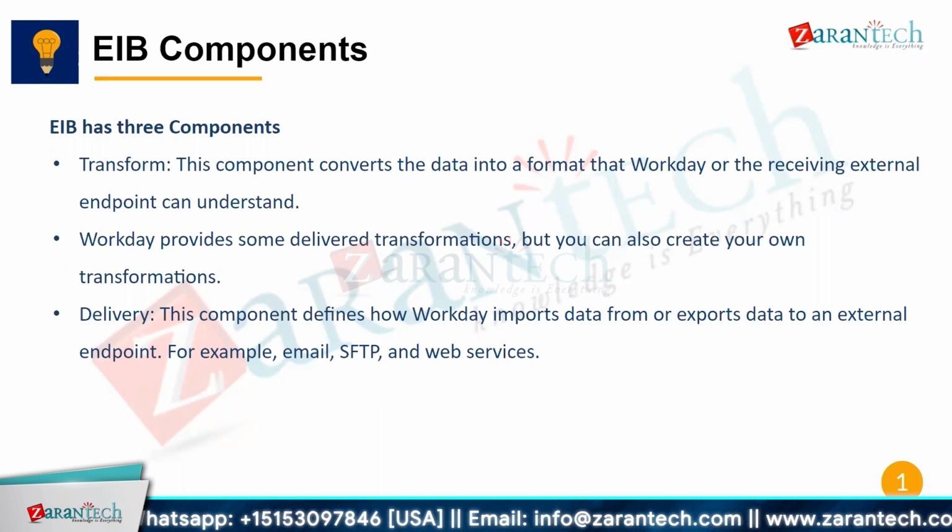Generally, those outbound EIBs are received by a secured FTP like SFTP or even by email as an attachment. But then that attachment needs to be processed by a system.